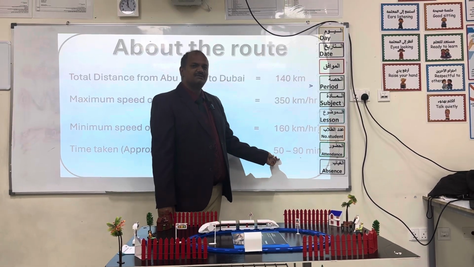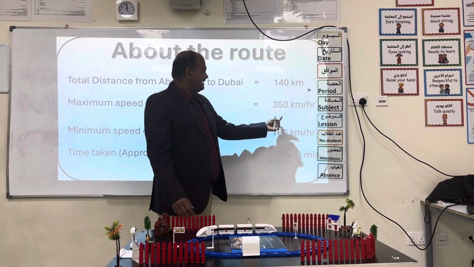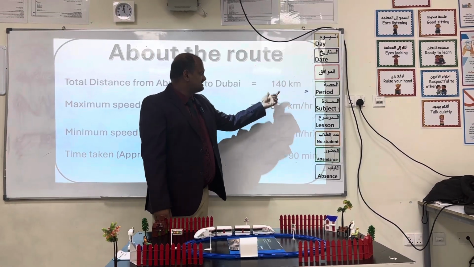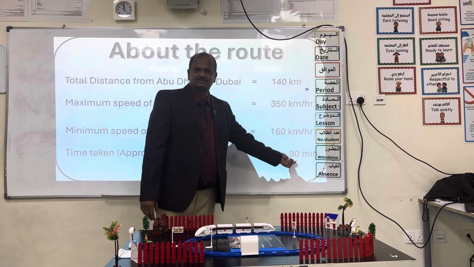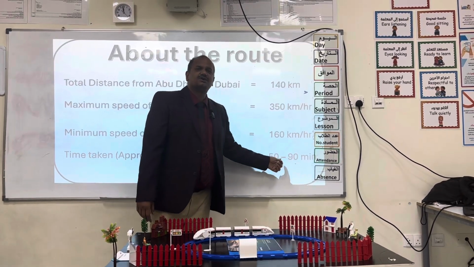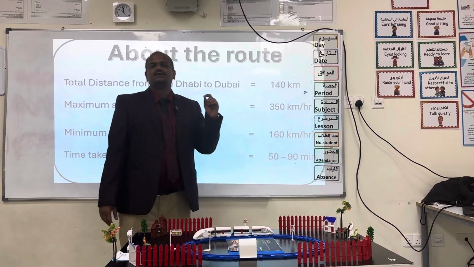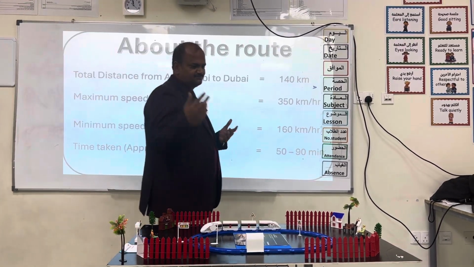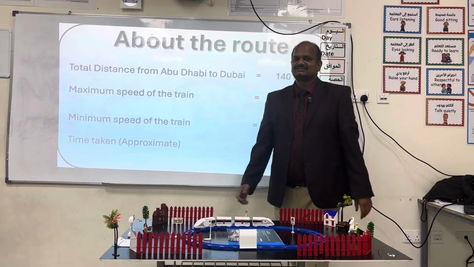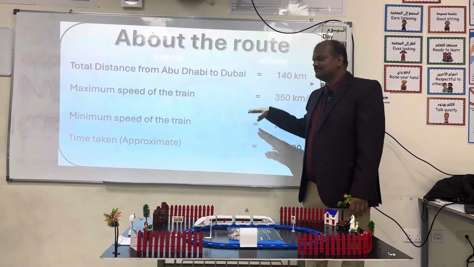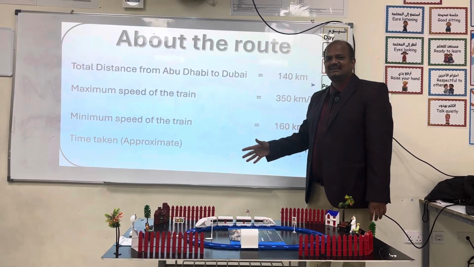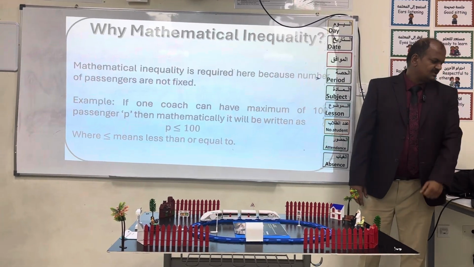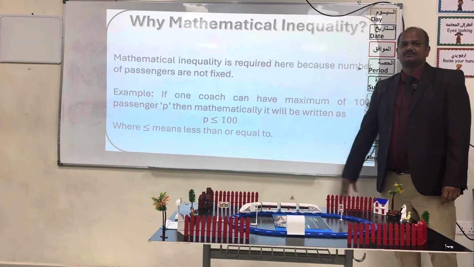I wrote 50 minutes here because of the average speed, and the minimum speed of the train is 160 kilometers per hour, so the maximum time taken will be 90 minutes. Okay, so the duration is 50 minutes to 90 minutes somewhere. It depends on some conditions also, because it is an infrastructure. Sometimes there may be some problems because of any reason. So time can vary.